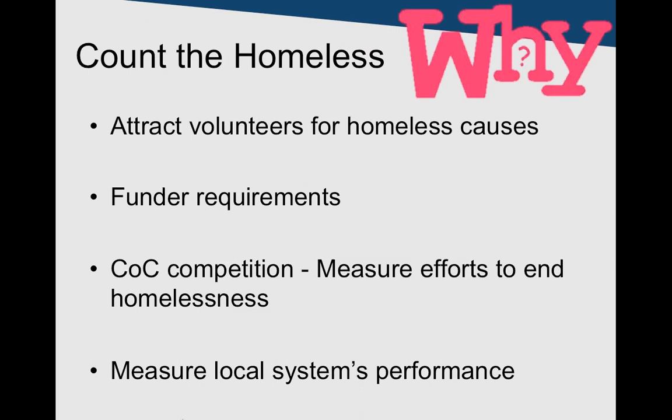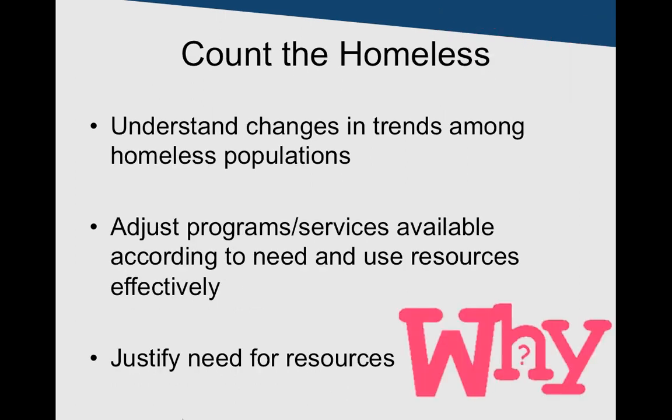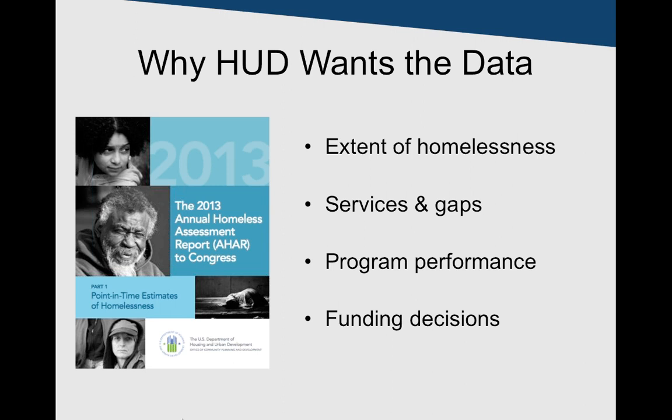Furthermore, the information can be utilized to meet state and HUD requirements, measure COC progress towards ending homelessness, determine if the COC is meeting its local performance thresholds, and attract new people to volunteer for the homeless cause. Finally, the data allows us to understand the trends among homeless populations, adjust programs and services to meet the current need, use resources most effectively and efficiently, and justify requests for additional resources.